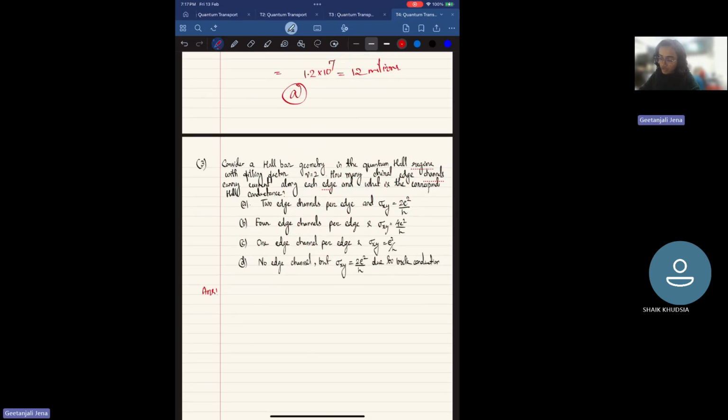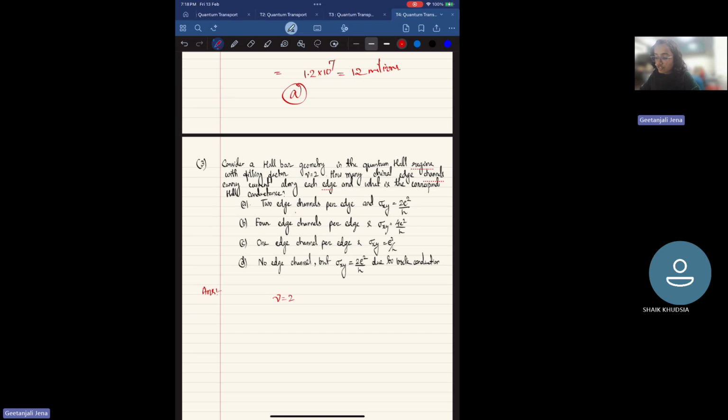Just let me know if you think the answer is not correct or if you have any doubt in the steps. Okay, question number 3. Consider a Hall bar geometry in the quantum Hall regime with filling factor nu equal to 2. How many chiral edge states carry current along each edge and what is the corresponding Hall conductance?